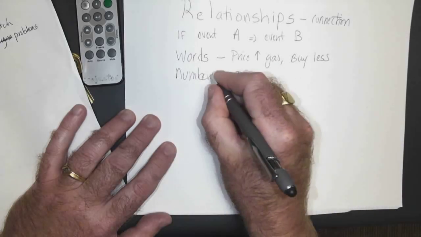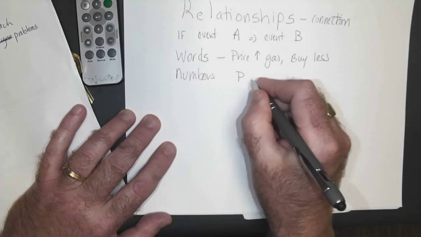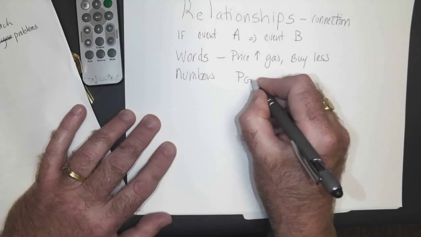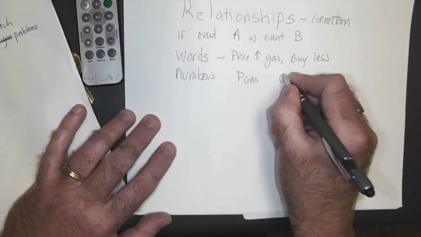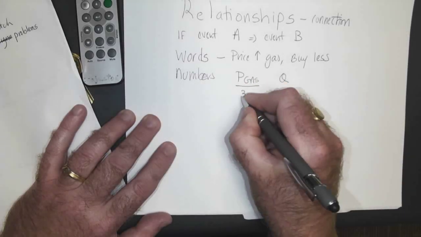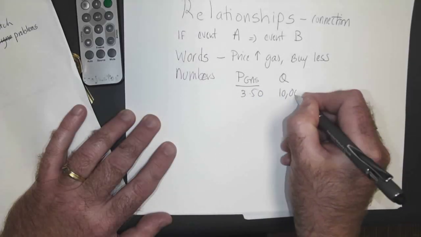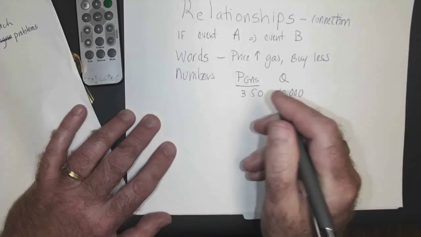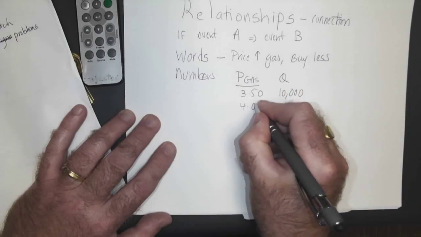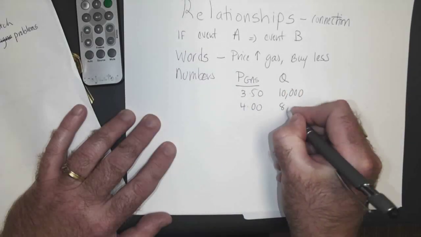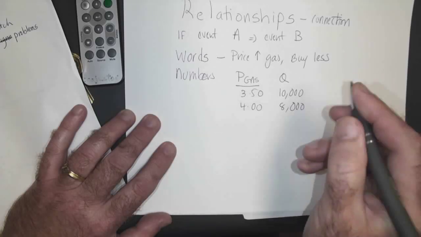So if we had a table here, and the table had the price of gas and the amount that people were going to buy, and let's say gas is $3.50, and people buy 10,000 gallons a week in your area, and then the price of gas is $4, and only, let's say, 8,000 gallons are bought.